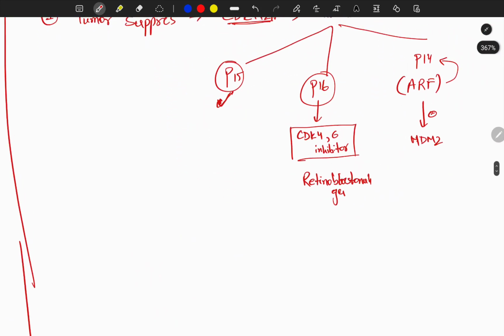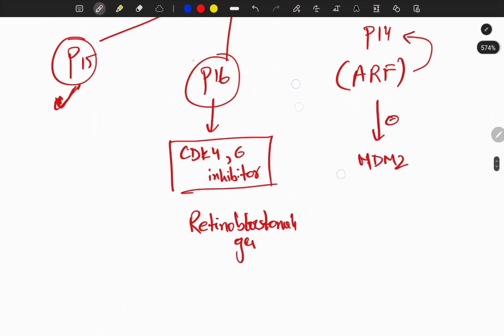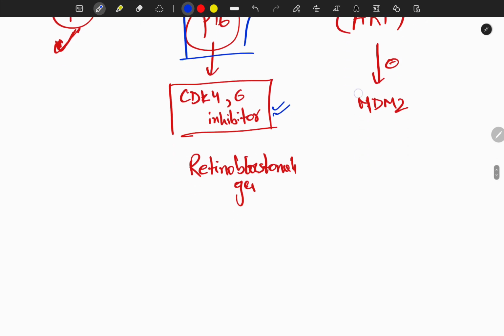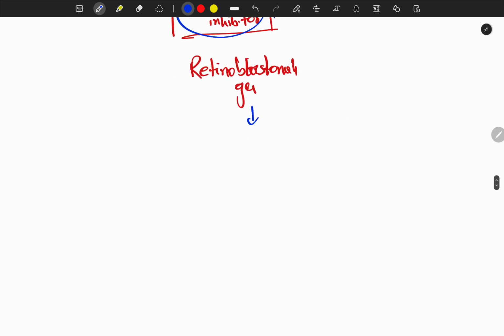So what does P16 do? How will its inhibition cause something? I think you read this flow chart. If there is a growth inhibitor, what does a growth inhibitor do?